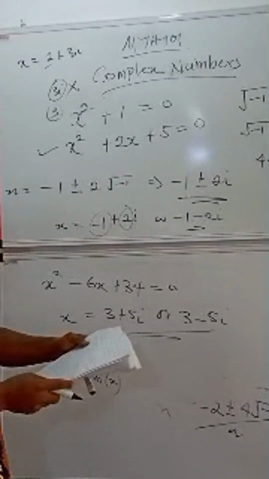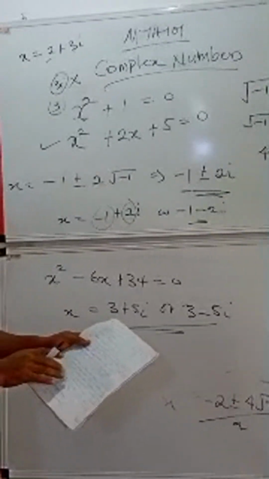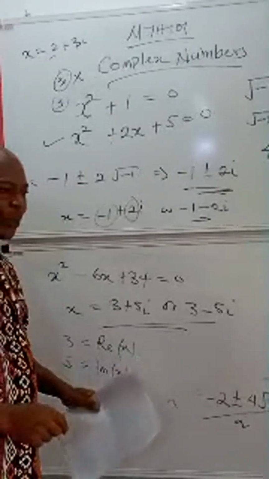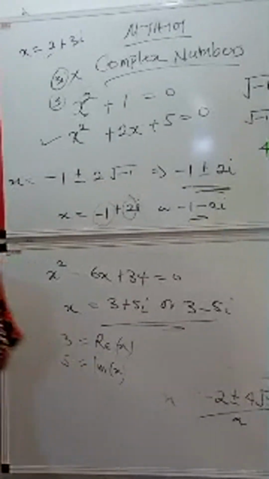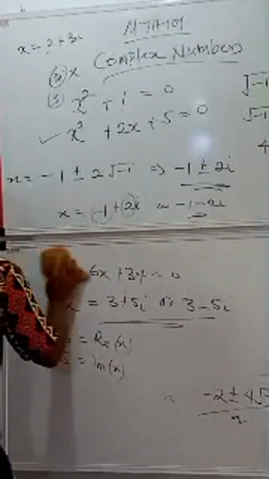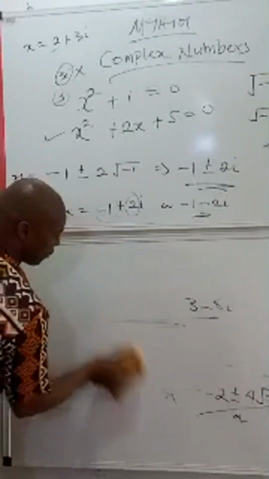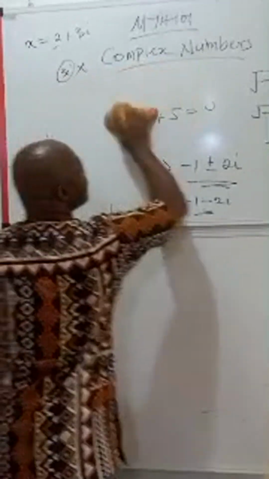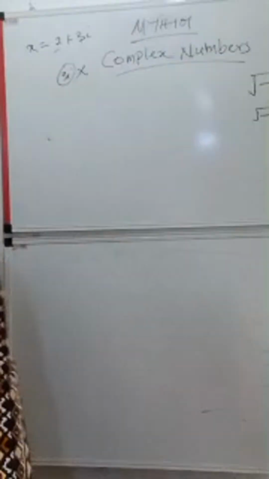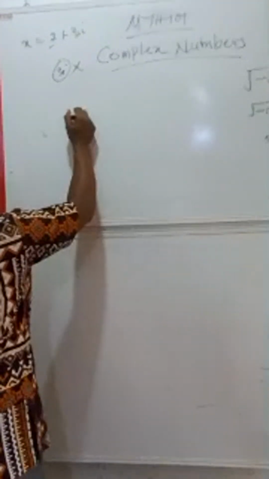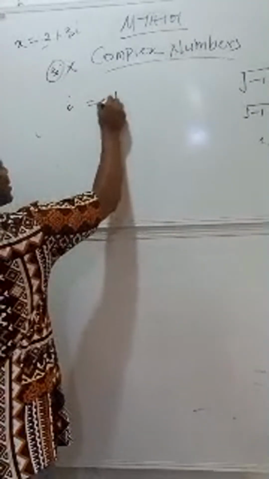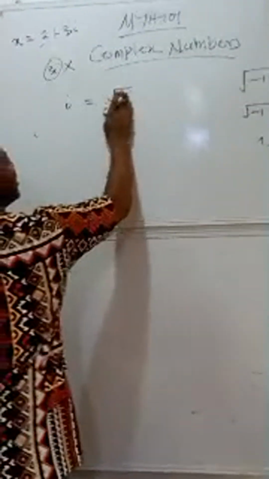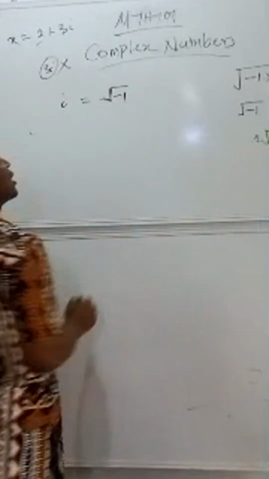Now, having said that, I want us to quickly look at some operations or some powers of i. Remember, we have said that i is the square root of -1.